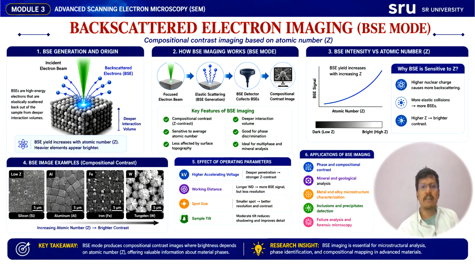The backscattered electron imaging mode has numerous applications in materials characterization. It is widely used for phase identification, mineral analysis, alloy characterization, inclusion detection, and failure analysis also can be done.